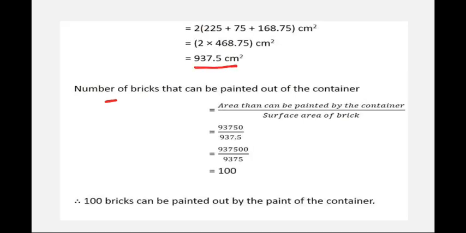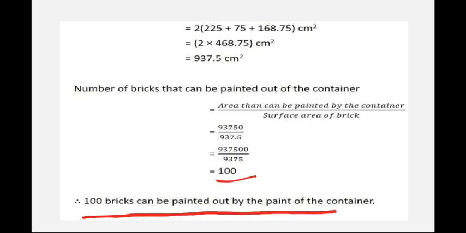So the number of bricks is the area that can be painted by the container divided by the surface area of each brick. So put the value. If you cut the decimal, here will be 100. So if you simplify it, you will get 100 bricks. So 100 bricks can be painted by the paint of the container.